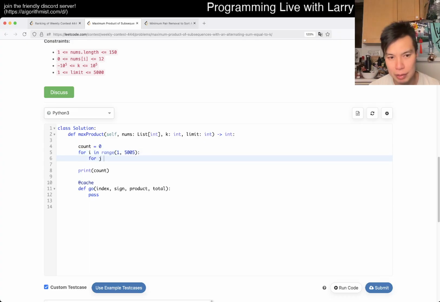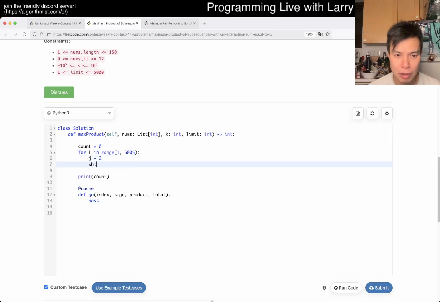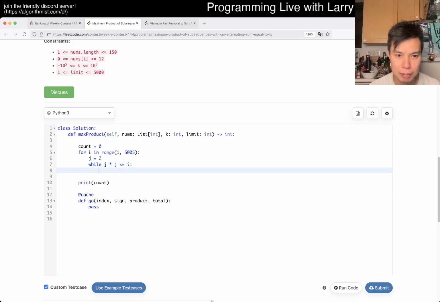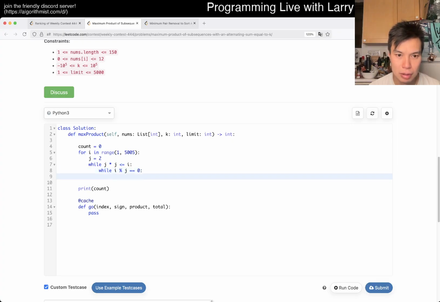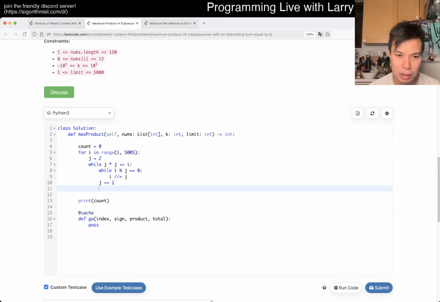But for j in range from... J is equal to 2, while j is equal to I, then, well, maybe j is equal to 0. J increment by 1, right?